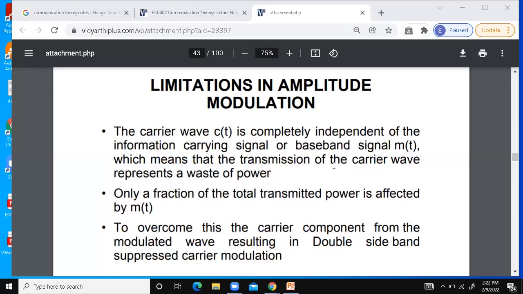Because if there was a way to get the information there without the carrier power, you would have reduced the power consumption.